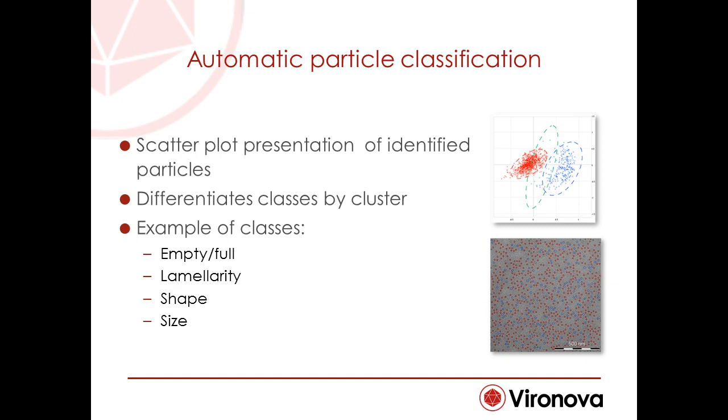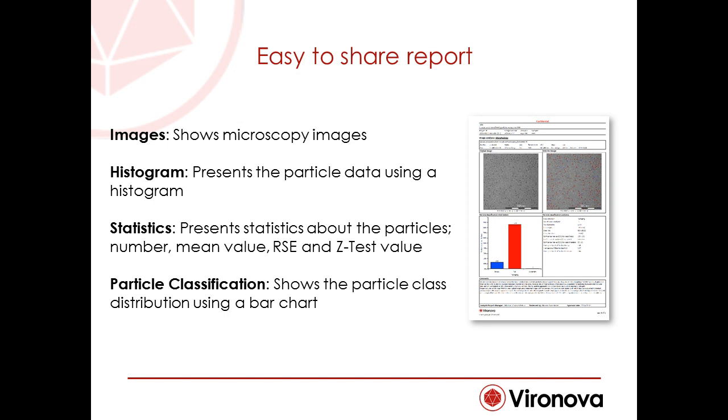After that, we can use the same software to classify different particles within the images. These classes might be empty versus filled particles, unilaminar versus multilaminar, different shapes of particles, or different sizes. When the analysis is done, we generate a report, and this report will contain information that we have added into the system regarding the sample preparation and image acquisition.